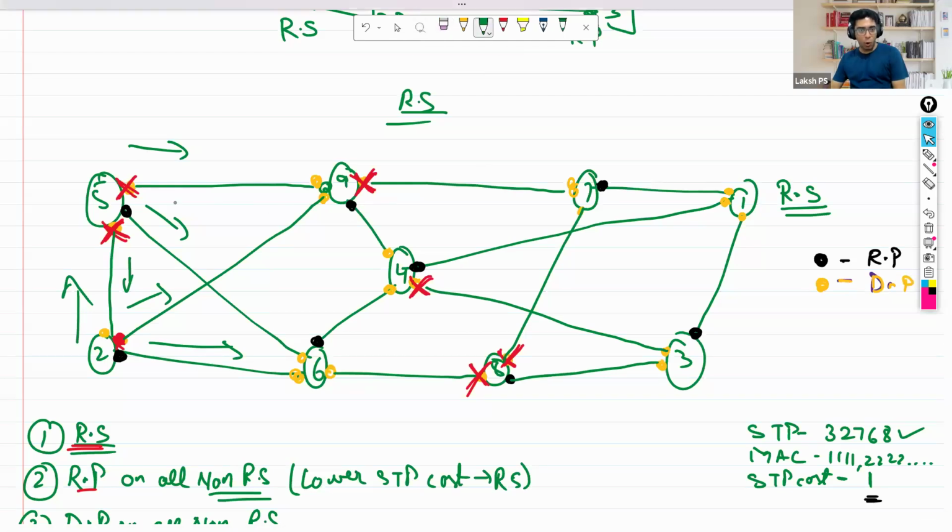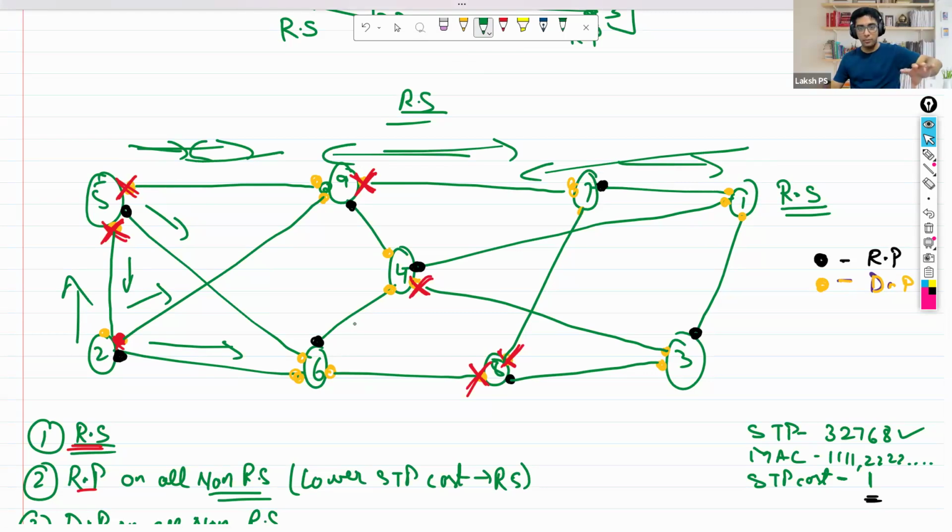The BPDU from switch 5 is forwarded to 9, 9 will forward that BPDU to 7, and 7 is going to forward it to 1. 1 is also going to forward its BPDU across the network. So all these switches will come to know about each other's MAC address and priority. Yes, it's a broadcast storm, but eventually the broadcast storm will end when there is a loop-free environment.